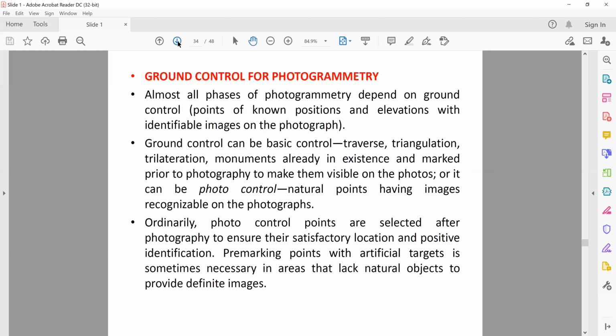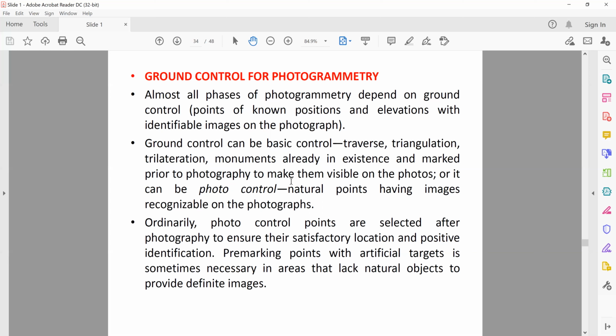So then we have ground control for photogrammetry. Almost all phases of photogrammetry depend on ground control. Some points of known elevations and identifiable points on the ground. So we use the same technique in finding out the scale as well. So the ground control can be basic control such as traverse, triangulation, trilateration.